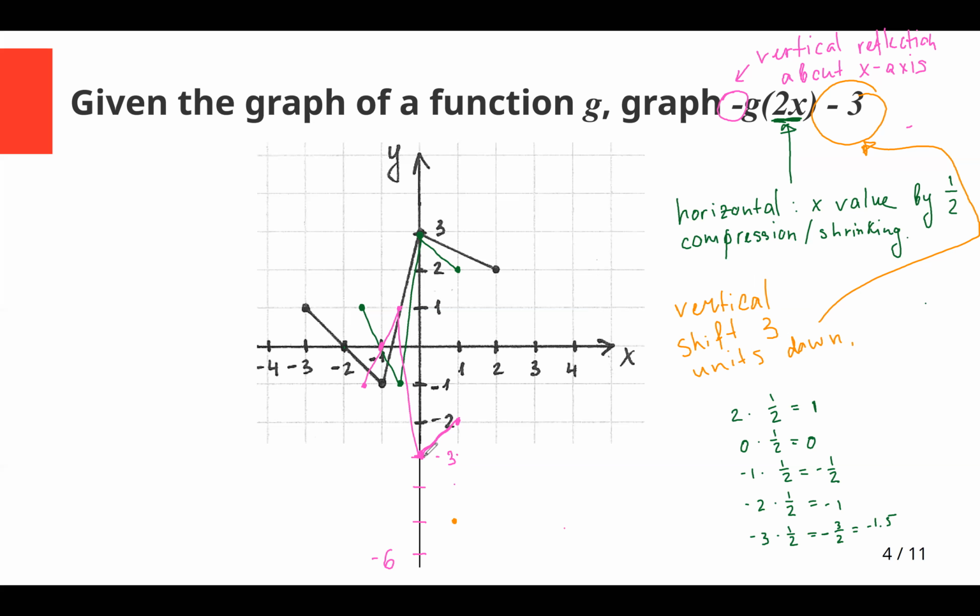Now let's move this one. 1, 2, 3 over here. So this is our line, right? Now let's move this one. 1, 2, 3 over here. So let me draw it like this. Okay, now let's move this one. 1, 2, 3. Okay. And then this one. 1, 2, 3.